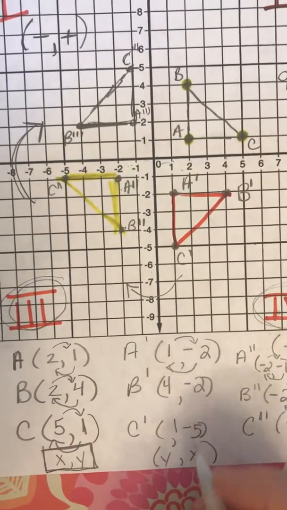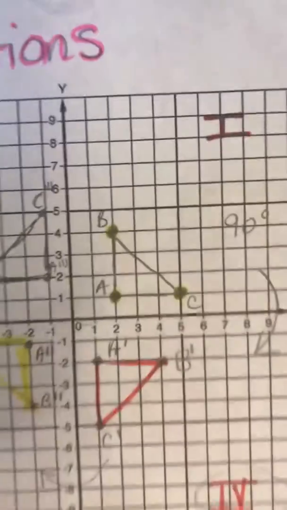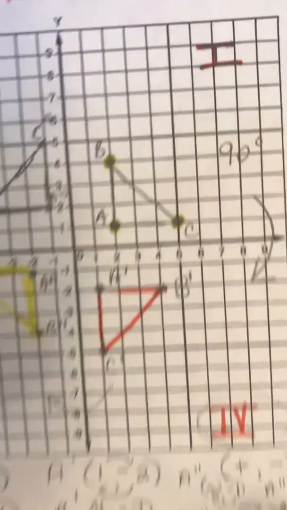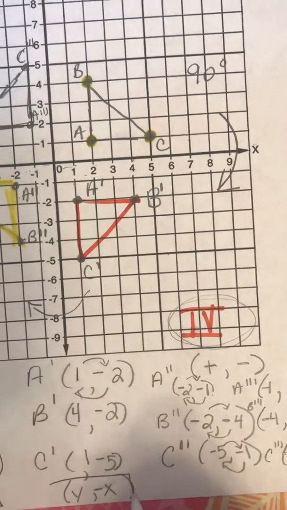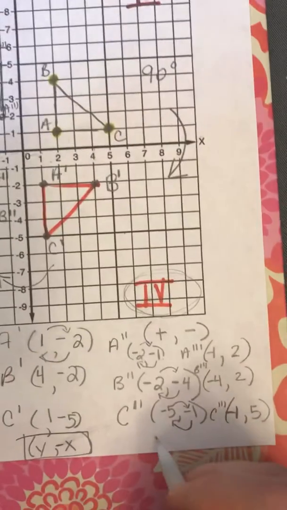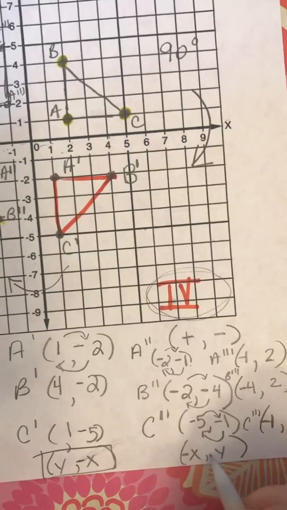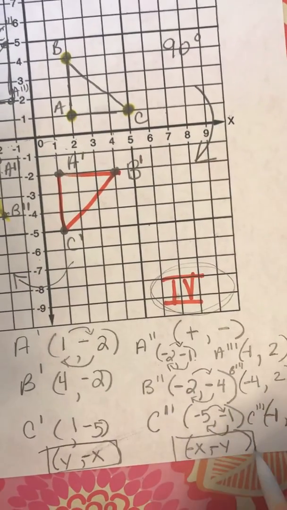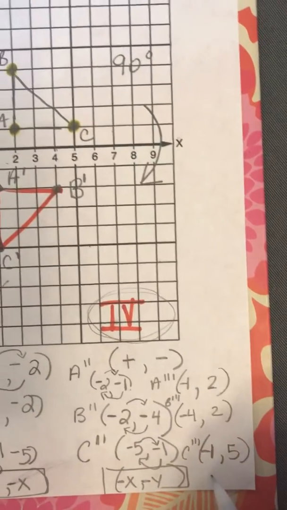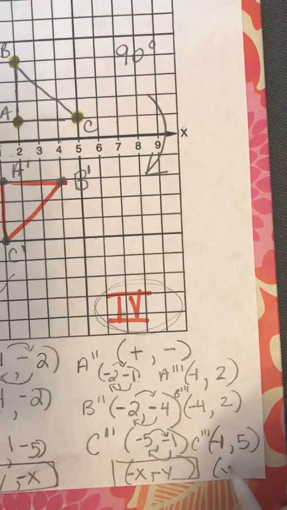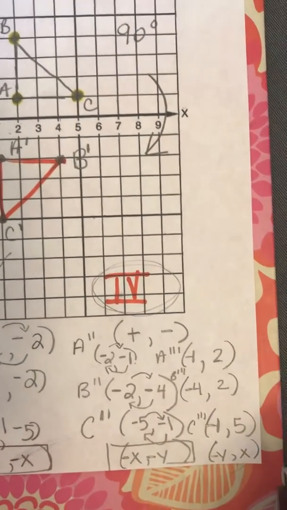And then the x became a negative, and that's my orange one. Then I switched again, and it goes back to (x, y), but they're both negative, so (-x, -y). And then my last one is my last switch, (y, x), but in this case, my y is negative.